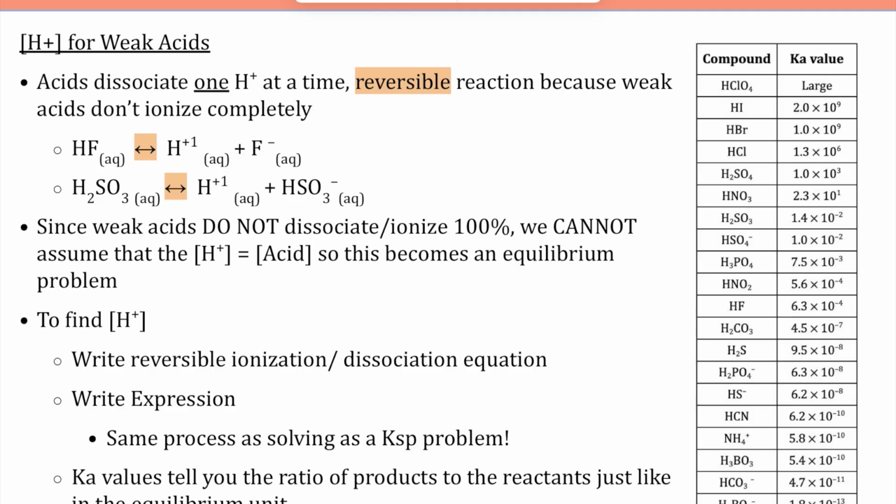And so because those weak acids don't ionize or dissociate 100%, we can't assume that that H plus is going to equal the concentration of our acid. And I should have specified on here that with a strong acid, our Ka is greater than 1, but with a weak acid, our Ka is less than 1.